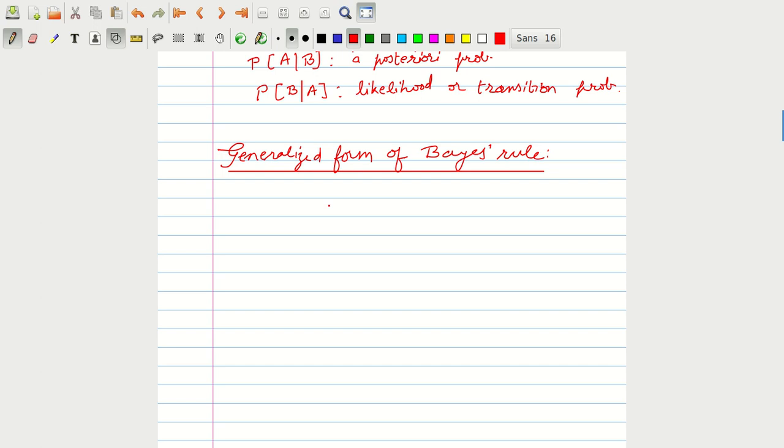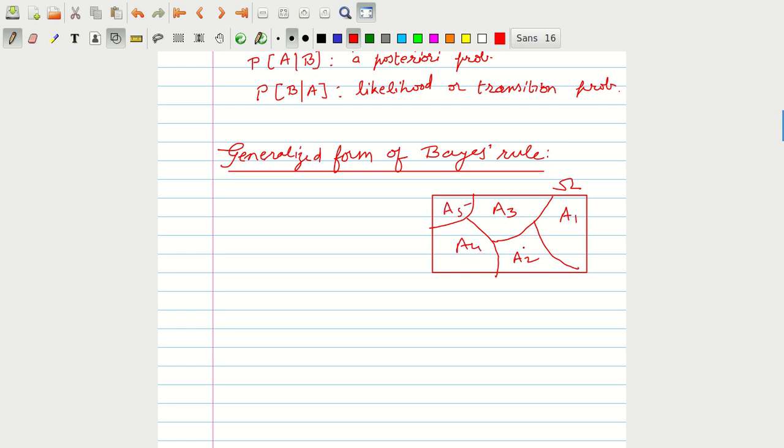To derive this expression, let us consider a sample space omega, which comprises many events, say A1, A2, A3, A4 and A5.